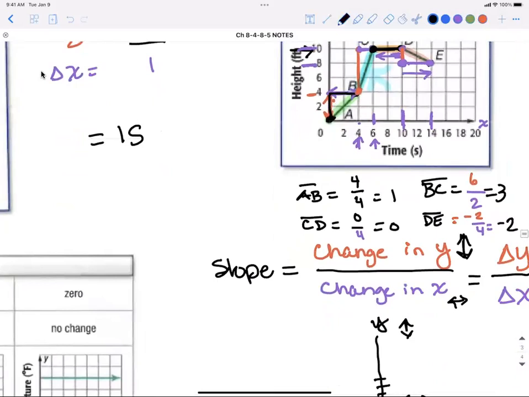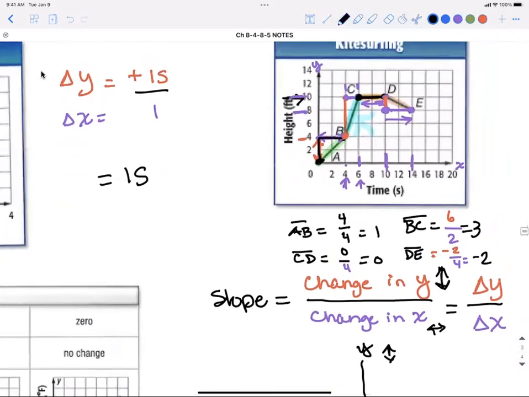So notice the difference in our slopes here. From A to B, we had a slope of 1, and that's right here where we went up by 1 over 1. And then for BC, which was this section right here, we had a slope of 3. It was a steeper slope because it went uphill, more of an incline. And then from C to D right here, we had this 0 slope because it did not increase at all.